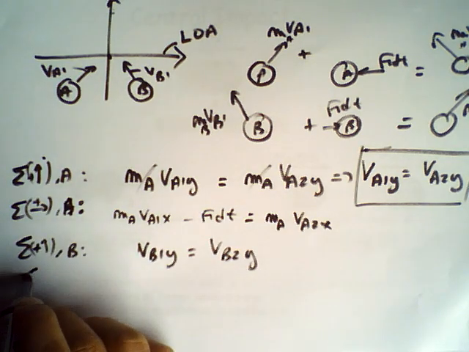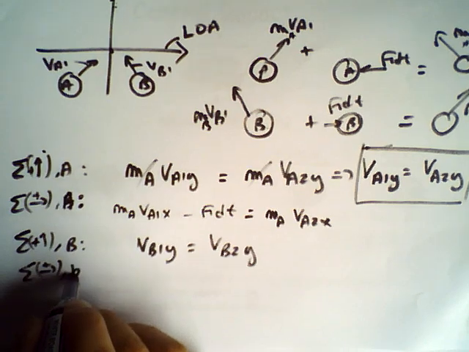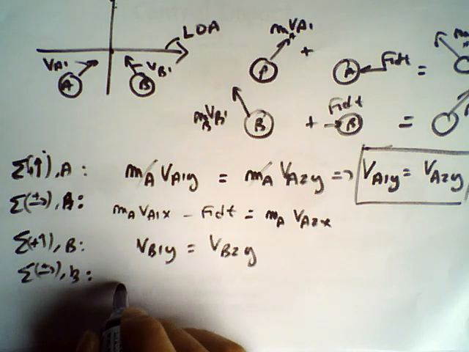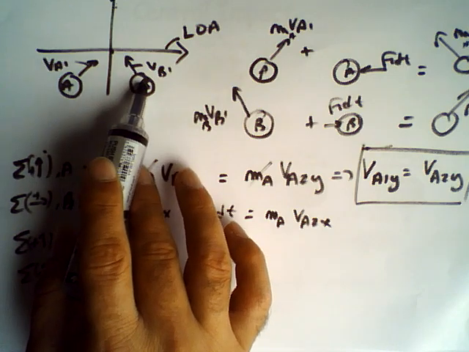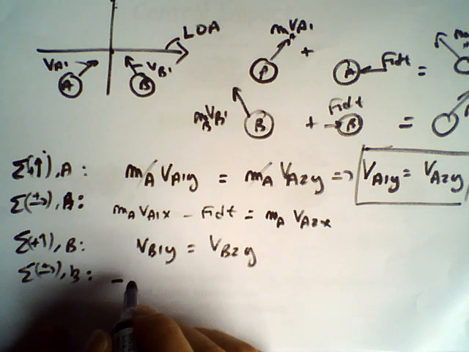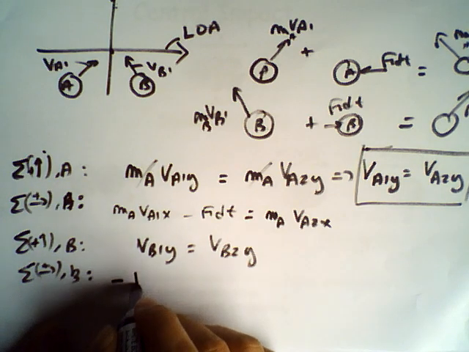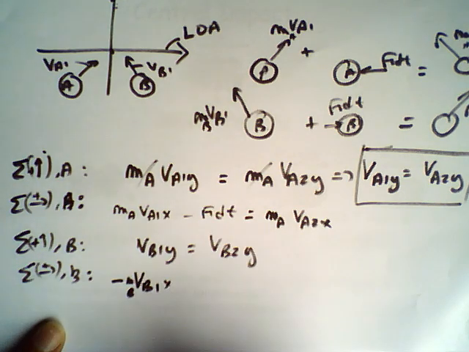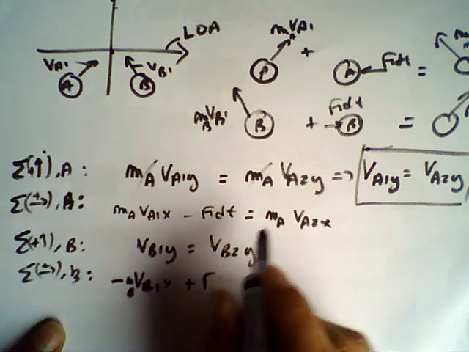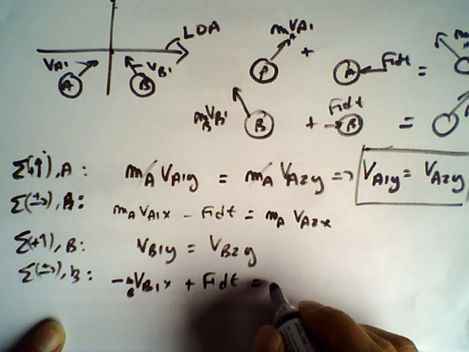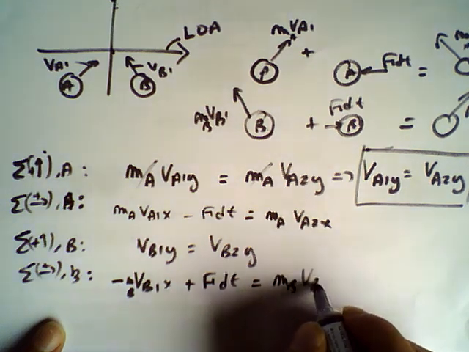And if you sum the impulses on B in the right direction, you are going to get minus MB VB1X, because it's coming in this direction, plus FDT is going to be equal to MB VB2X.